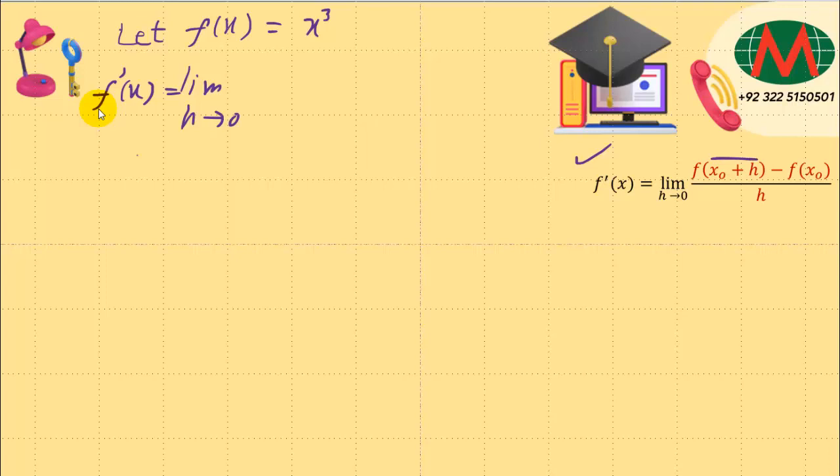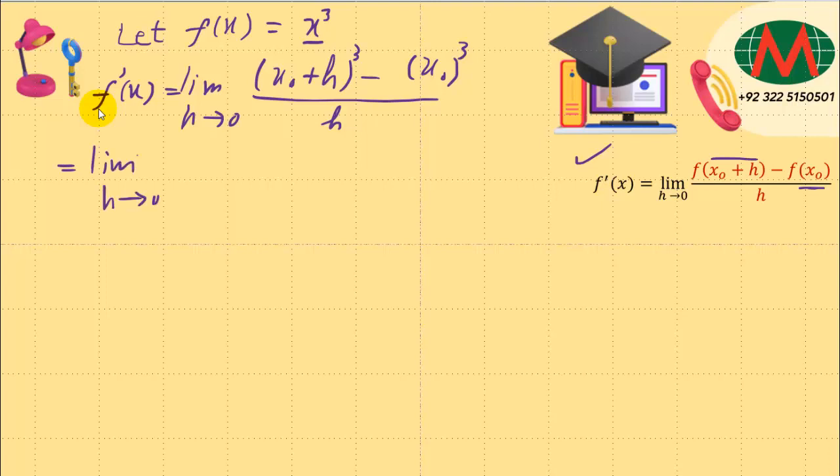So now we put x0 + h. The function is x cube, so therefore (x0 + h) whole cube. Then we put x0 into the function, that is x cube, and it will be x0 whole cube over h.